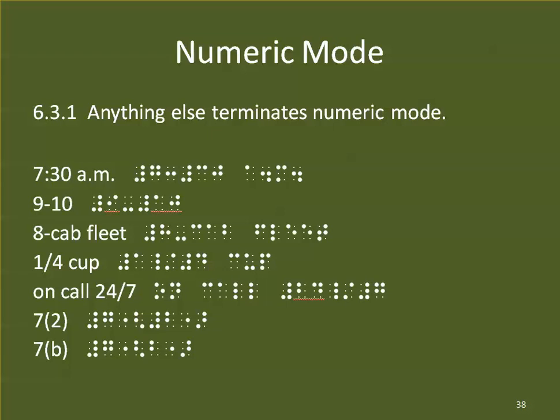So we have B and a parenthesis. Now notice that if there was a space between the 7 and that left-hand parenthesis, we would need a grade 1 mode indicator in there because the B would be standing alone. But since there's that 7 directly in front of the parenthesis, then it's not standing alone anymore, so the B is just fine standing by itself.